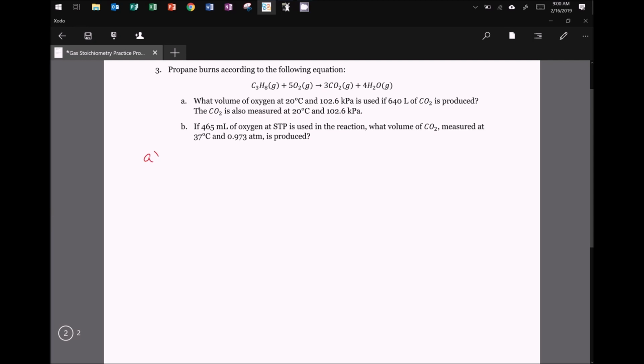So for part A, we're going to go with the 640 liters of carbon dioxide that's given, and we're going to multiply that by our mole ratio, or in this case our liter ratio. So for every 3 liters of CO2 gas, we're looking at 5 liters of oxygen.